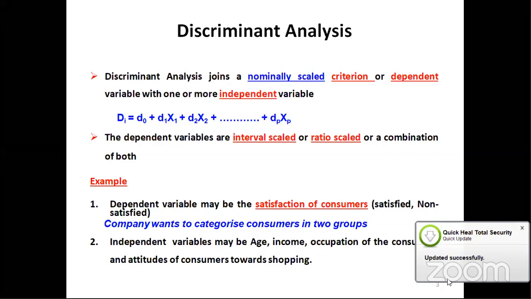By mistake I have written dependent variable here, but this is the independent variable. Here the dependent variable is nominal scale and independent variables are in either interval scale or ratio scale. So by using discriminant analysis, we define the relationship between a nominally scaled dependent variable and interval and ratio scaled independent variables. So this is the definition of discriminant analysis, right?